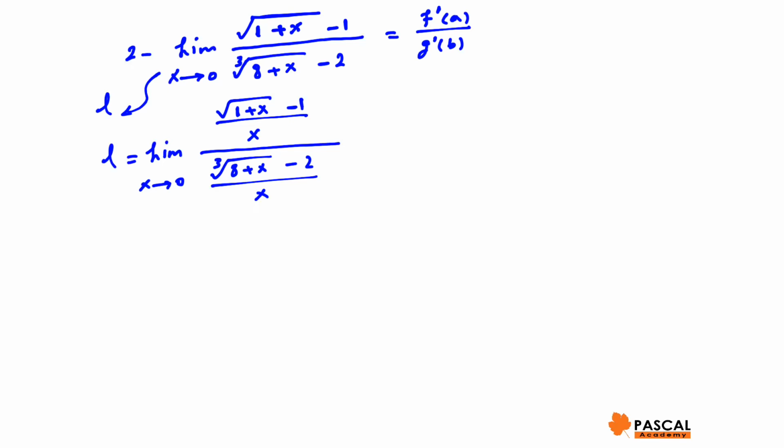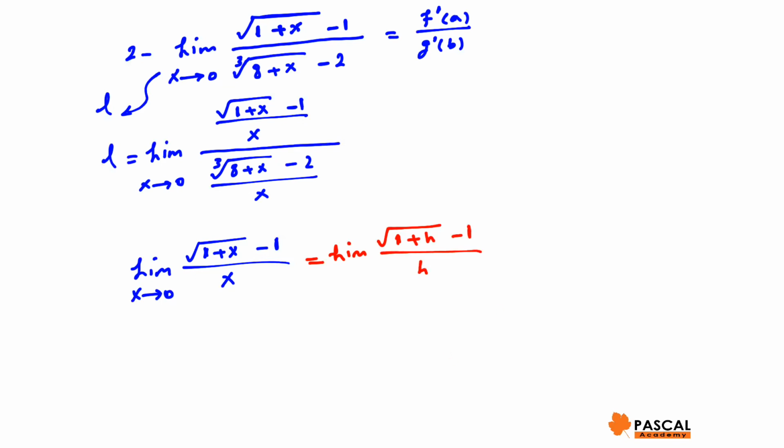By properties of limits, this limit would be the limit of the numerator divided by the limit of the denominator. The numerator is the limit of square root of 1 plus x minus 1 over x as x approaches 0. It's the same as the limit of square root of 1 plus h minus 1 over h as h approaches 0, which is the derivative of f of x equals square root of x at x equals 1.